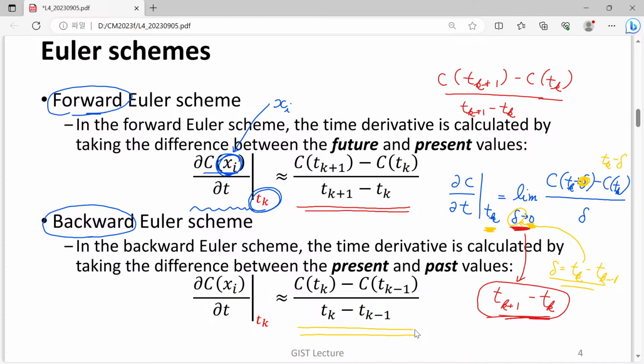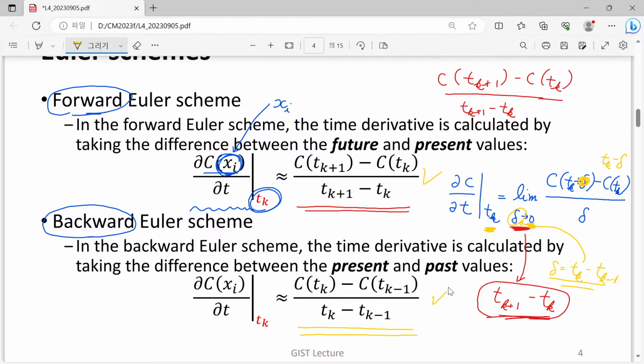I mean that just taking the definition of our time derivative and applying the limit of our time resolution, we find two different forms for the time derivative.